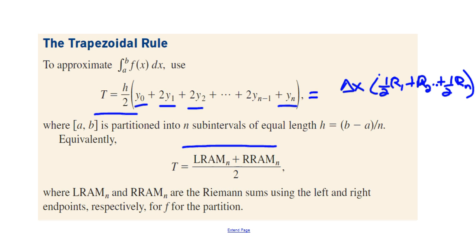Like this. So this is a much easier way of remembering the trapezoidal rule. It's always going to be your delta x times half of the first and last values of the rectangles, summed up with the rest of the inside rectangles. So this is our trapezoidal rule.